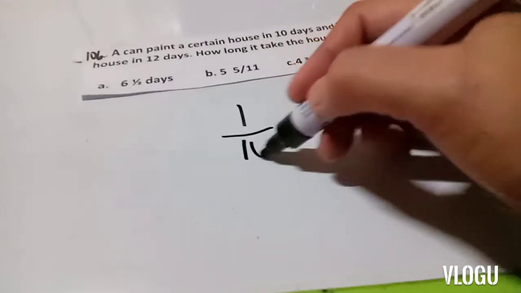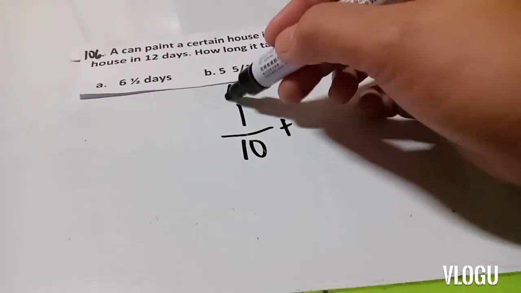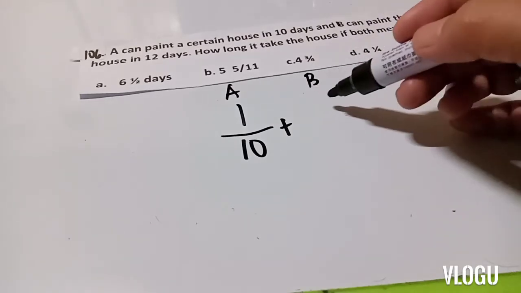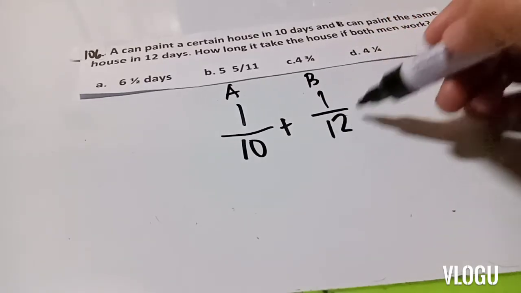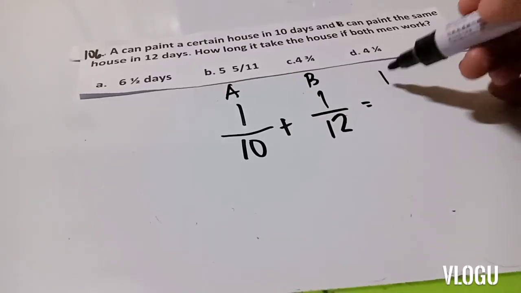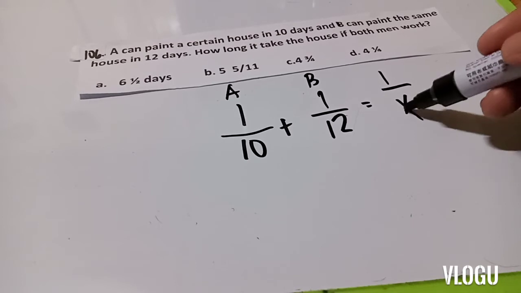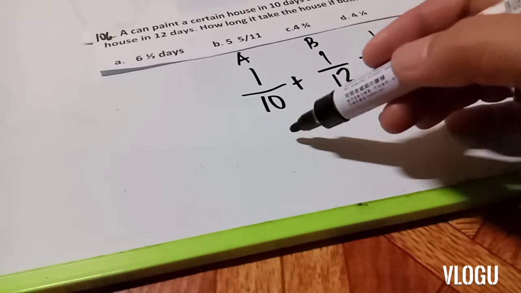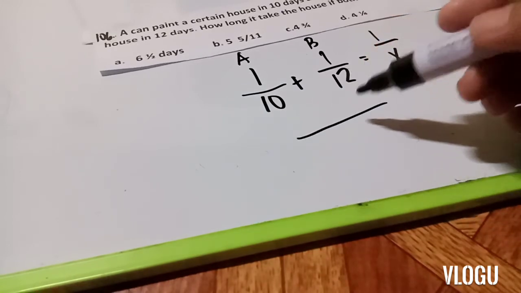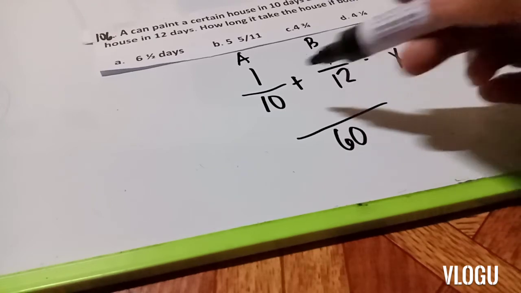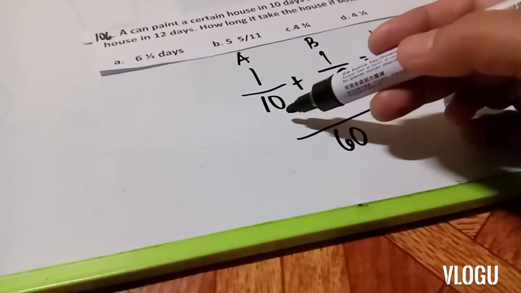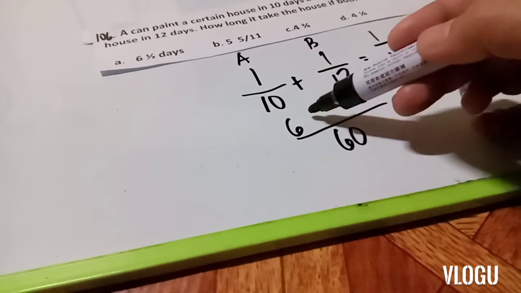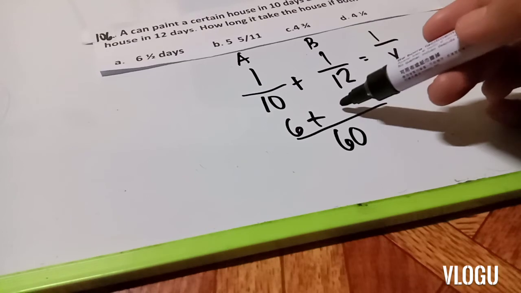We have a house, which is 1 over 10 for the letter A, and for the letter B, we have 1 over 12, equal to 1 over x. Take note. So we will get the LCD of 10 and 12, which is 60. 60 divided by 10 is 6. 60 divided by 12 is 5.